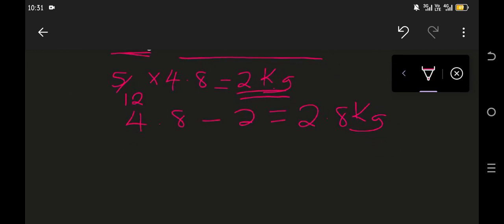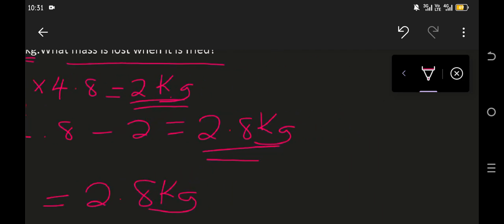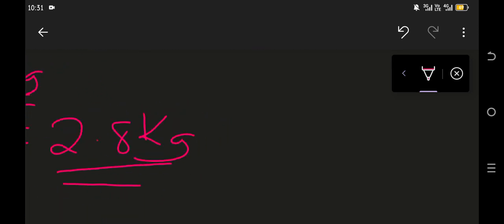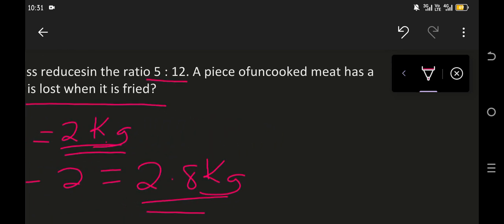So 2.8 kilograms is the mass lost when the meat was fried. If you do not know how to subtract decimal numbers and whole numbers, this is what we have here. That is 4.8 minus 2.0.